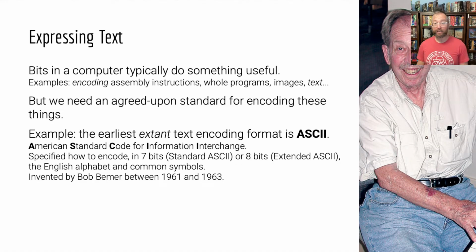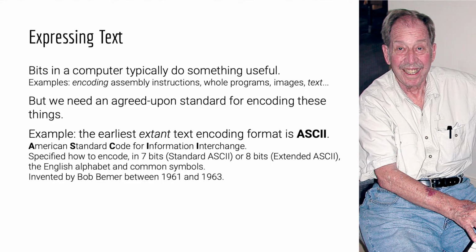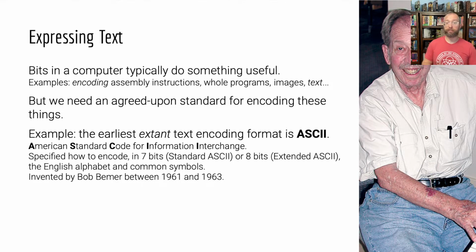And in fact, the first kind of popular modern text encoding was created by this gentleman here, Bob Beamer, somewhere between 1961, when Bob submitted this for standardization, and 1963, when it was approved as a standard. And it was ASCII.